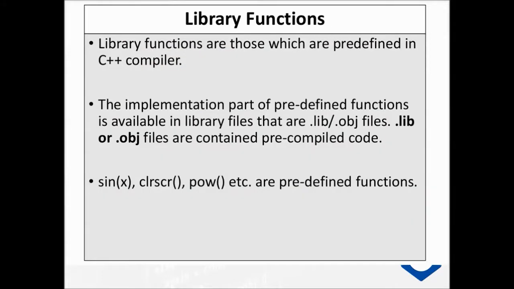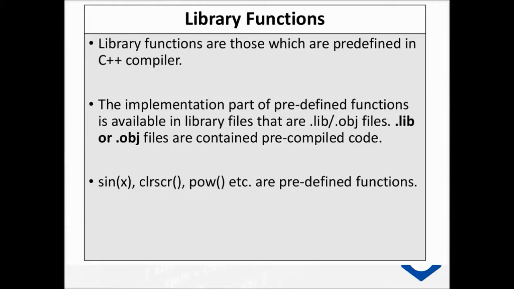Library functions are those which are predefined in the C++ compiler. Built-in functions are also called library functions. These are the functions that are provided by C++ and we need not write them ourselves. We can directly use these functions in our code. These functions are placed in the header files of C++.